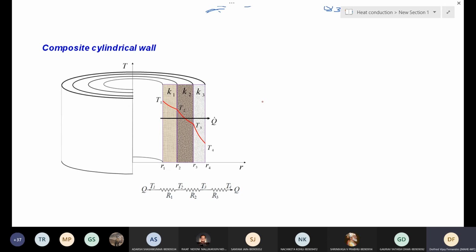The rate of heat transfer through the first wall equals the second wall equals the third wall at steady state.